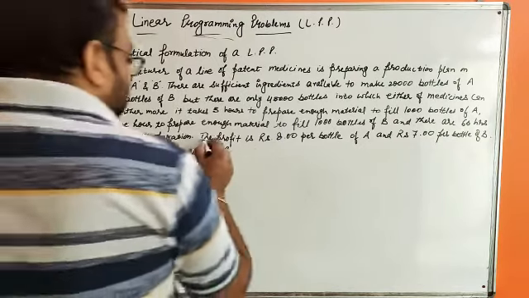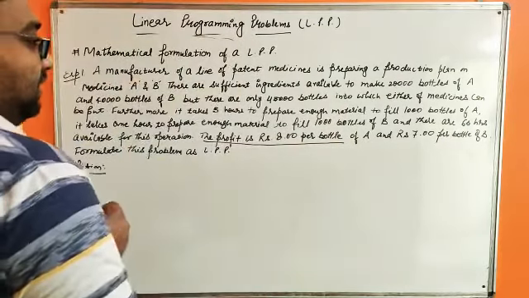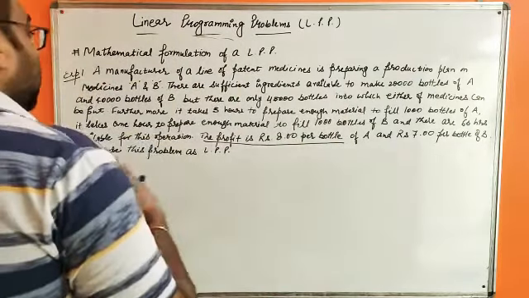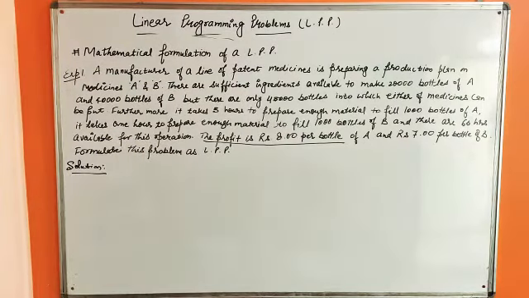So the profit is rupees 8 per bottle of A and rupees 7 per bottle of B. That is, we have to find which kind of bottle of medicine we should make, or how much quantity of each medicine we should make.